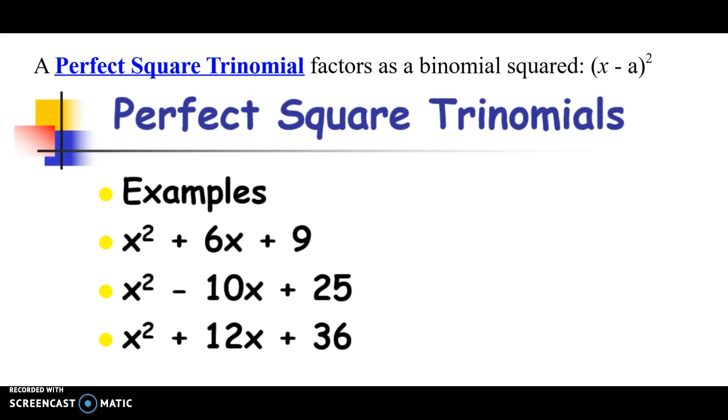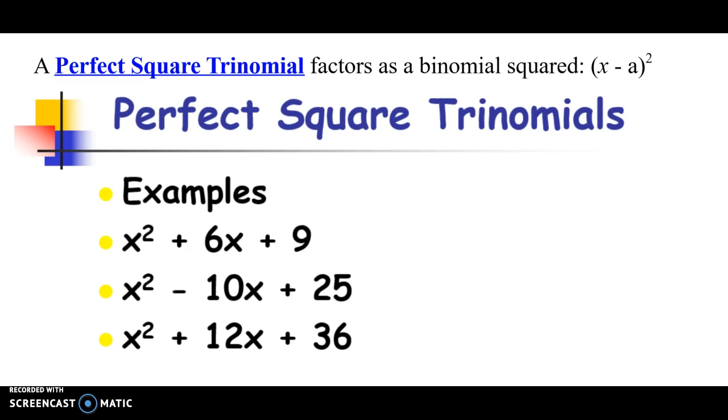Three terms: something plus or minus something plus or minus something. This says that the trinomial factors as a binomial, two terms, squared. So these three things are going to somehow collapse into two things squared. Let's see how that happens.